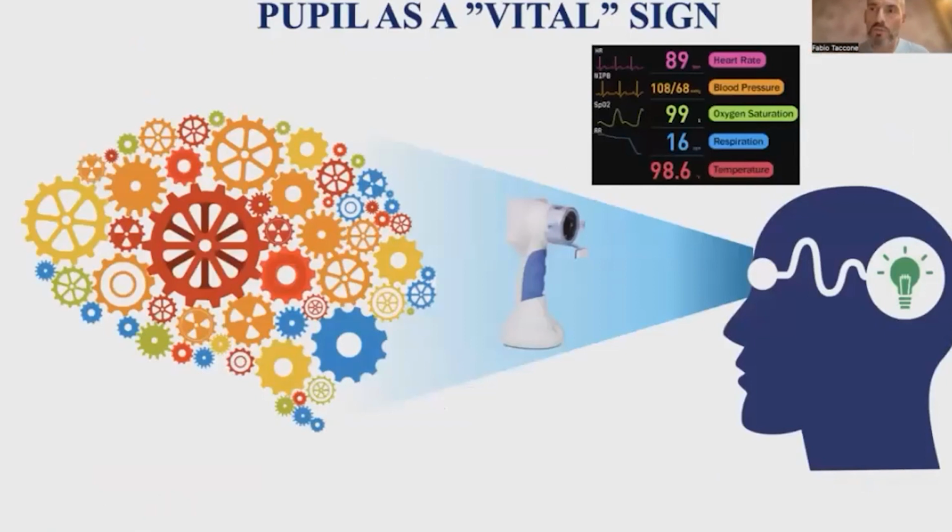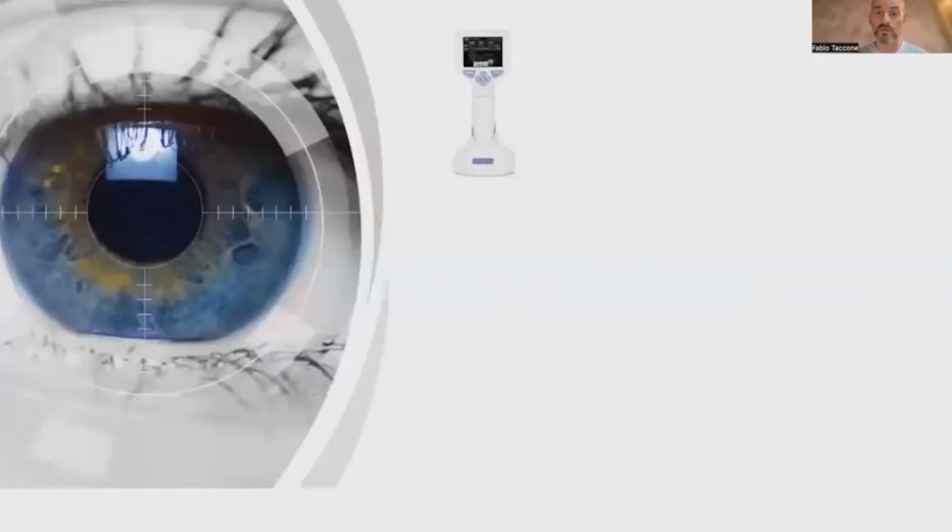So I would say that globally, pupils should be seen as a vital sign together with heart rate, blood pressure, oxygen saturation, respiration, and temperature, in particular for patients who are sedated, who are at high risk of brain dysfunction, who have a primary brain injury. Pupils are definitely something we need to implement at the bedside, together with the standard GCS or very gross neurological examination that we do.